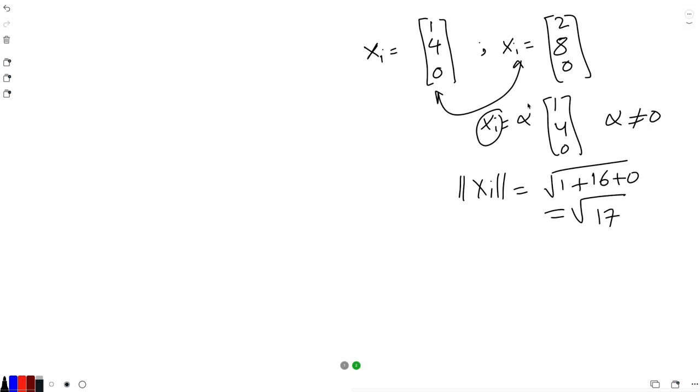So if you select alpha equal to 1 divided by the square root of 17, you can say that xi equals 1 divided by the square root of 17 times 1, 4, 0, so that now the norm, or the length, of xi equals 1, if you would like to have a unit length basis. So this is important to remember.